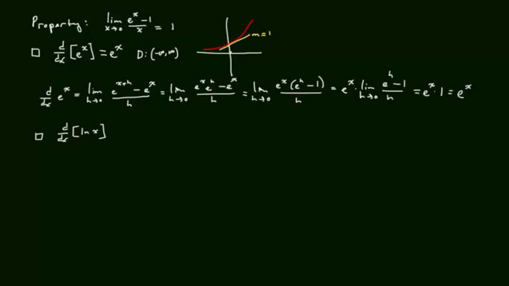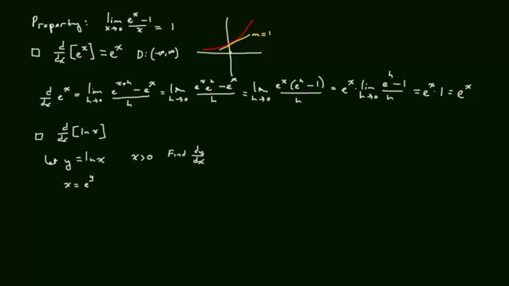Now let's take a look at the natural log of x. To do this one, we're going to use a similar strategy to the one we used for the inverse trigonometrics. We let y equal the natural log of x, where x is already restricted to being greater than 0, and our goal is to find dy/dx. We rewrite this by the definition of exponentials and logs: x equals e to the power of y.